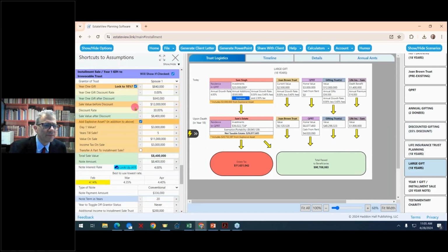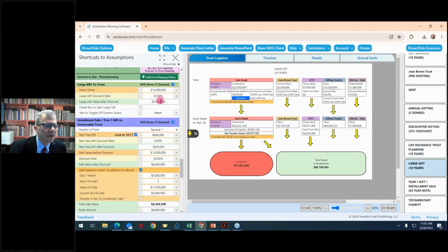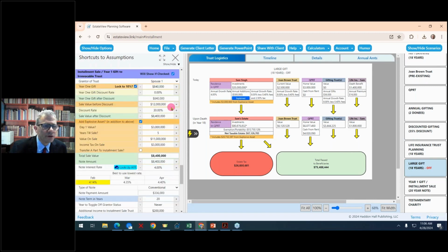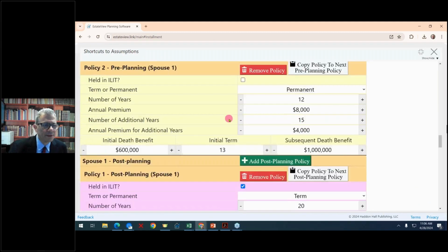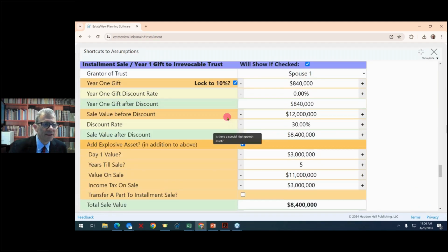So I'm just going to turn off the gifting large gift here, and I want to show you our installment sale arrangement. So I'll open up the input so it's a little bit easier for you to see and for me to see.